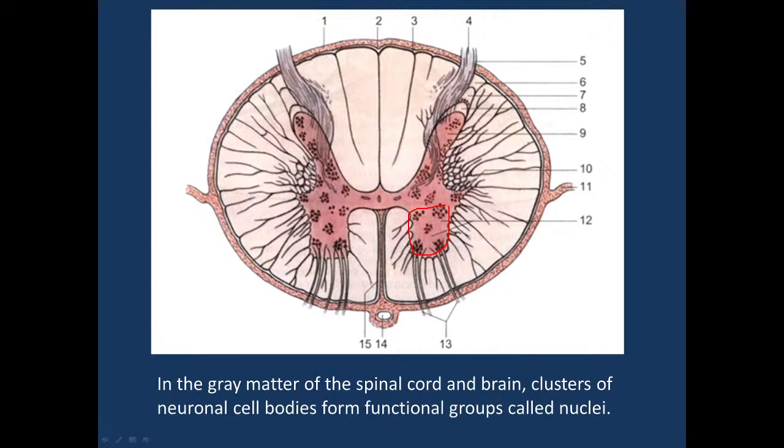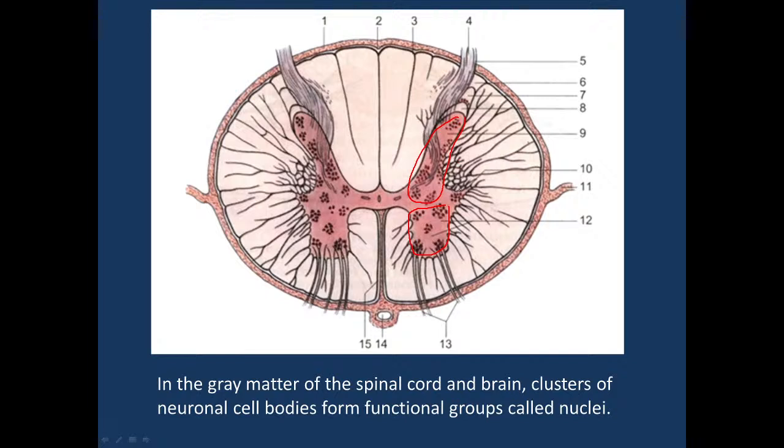The posterior gray horn contains cell bodies and axons of interneurons, as well as axons of incoming sensory neurons. These are the sensory neurons that help us to feel pain, touch, temperature, etc.